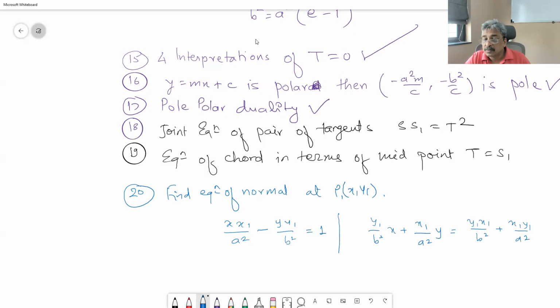So we bring this, some simplification would take place. Therefore, finally, if we bring this x1 y1 common, it will become x upon x1 times a square b square. If we take it to the other side, we get x upon x1 into a square plus y upon y1 into b square is equal to a square plus b square.